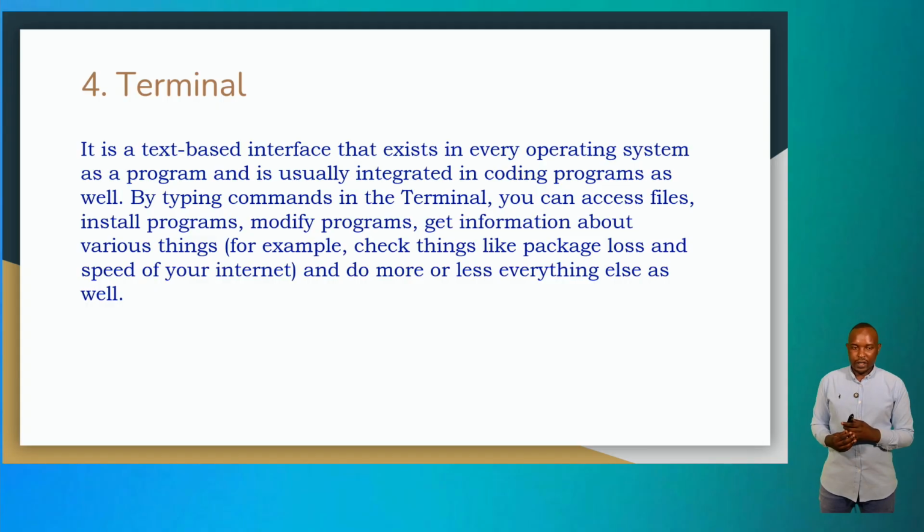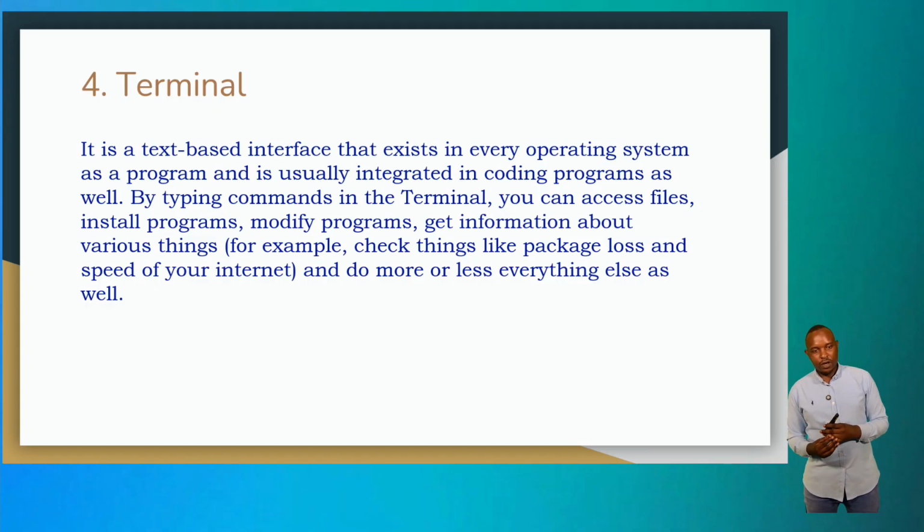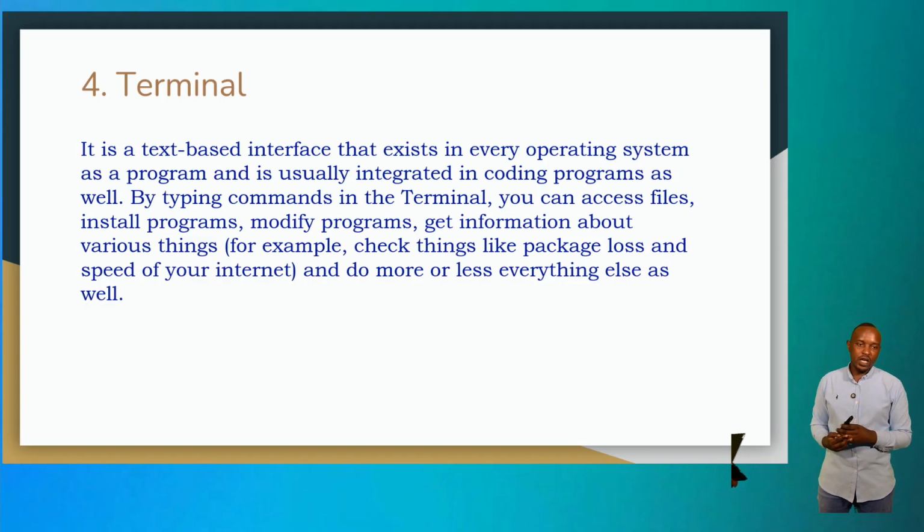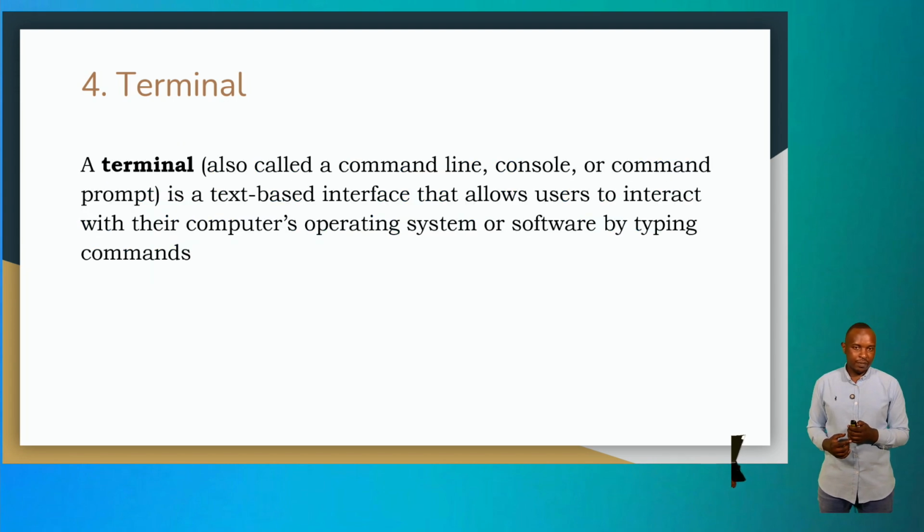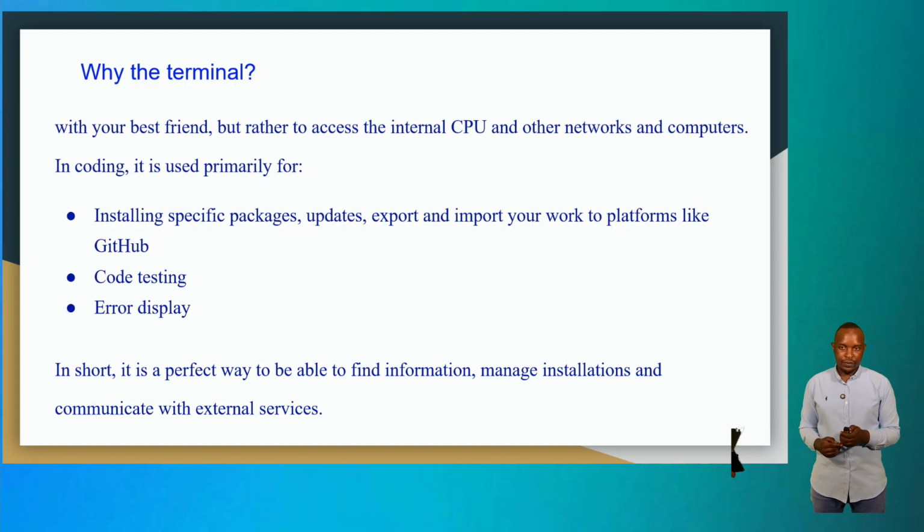Some examples of terminals are CMD and PowerShell, which can be used in our computers to run commands. Sometimes the terminal is called the command line, console, or command prompt. It is a text-based interface that allows users to interact with their computer's operating system or software by typing commands.